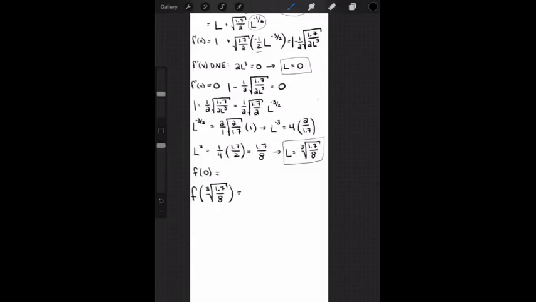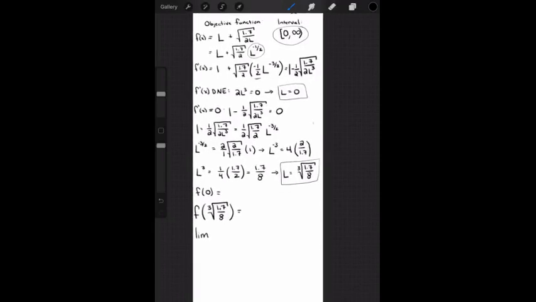All right, we need to evaluate that. And then lastly, we need to try for the other endpoint. Right? We can't just plug in infinity, but we can let x go to infinity.